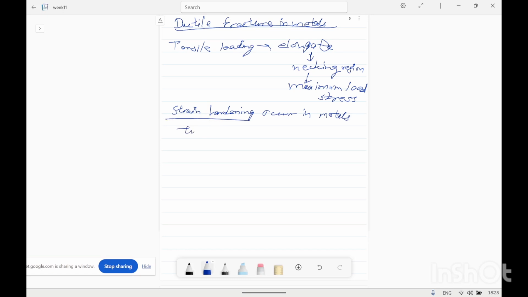So there are two competing phenomena in ductile metals. First, the stress decreases because of the reduction in area.